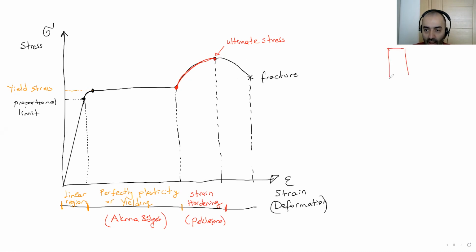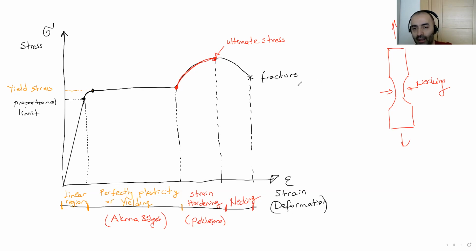Necking was the area reduction of the test specimen under tension. This was the necking, remember. Necking occurs after this ultimate stress in steel. And after this necking started to occur, after a short while, it fractures.